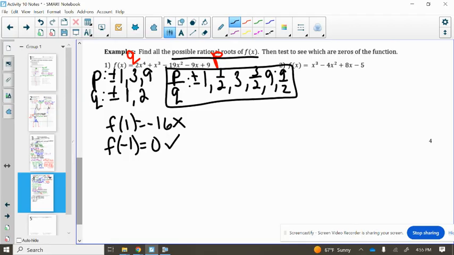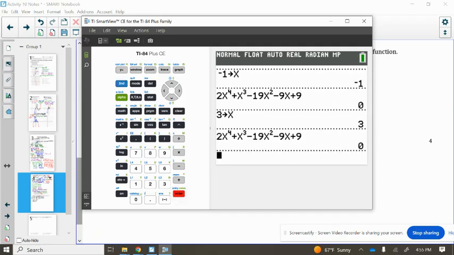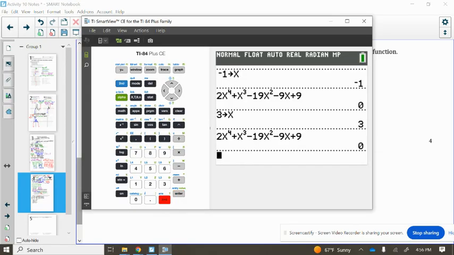For instance, if we did 3 as our x value, and again, this is what's nice about the store button, is you can recall that real quick. We also see 3 works as a 0 this time. Check. We can also check negative 3.